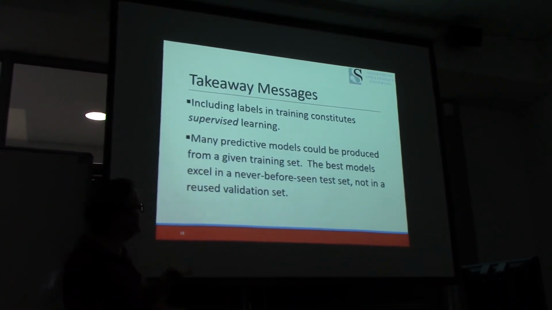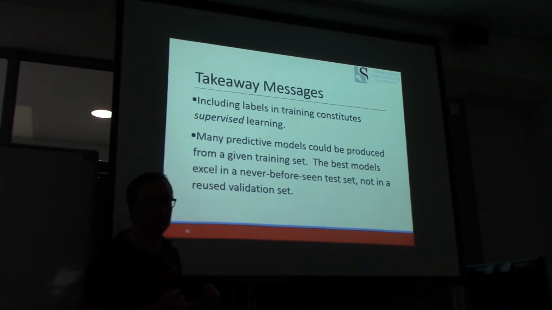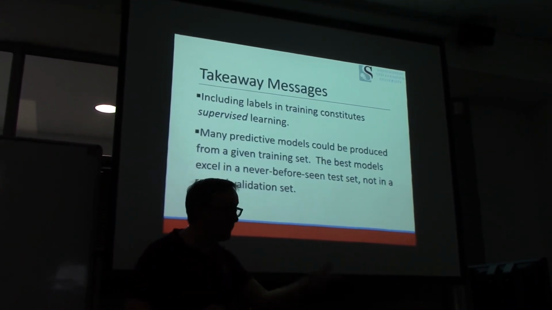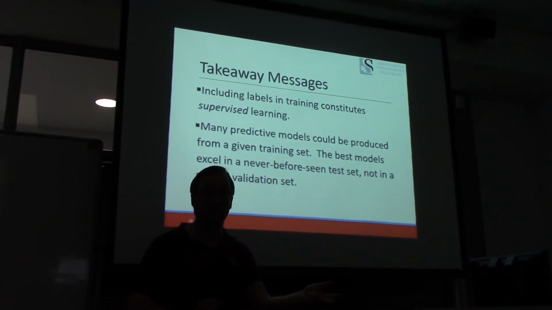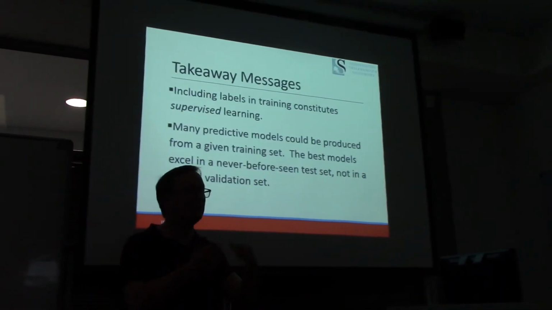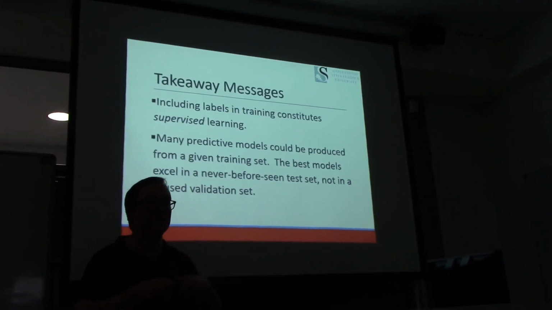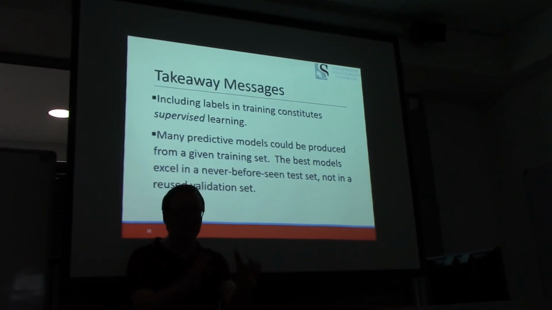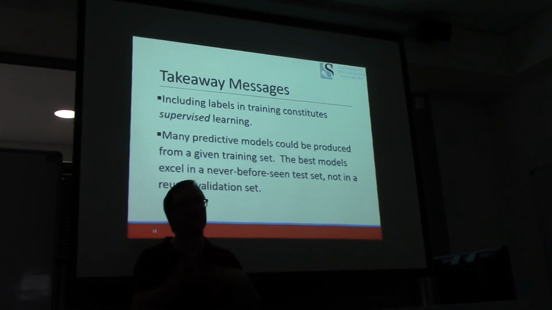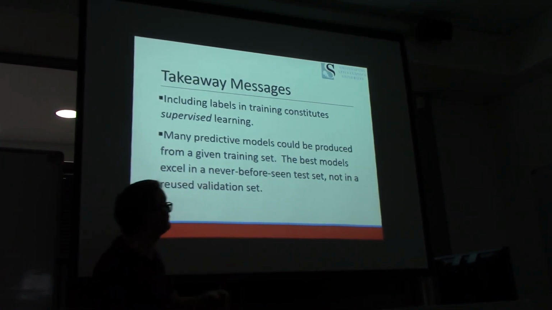All right. Many predictive models may be produced from the same input data. If we feed the same input data to a backpropagation network, to a random forest, and to a support vector machine, they're all going to come up with different models about separating the positives from the negatives. If you simply apply the same software multiple times to the same data set, you're likely to get different models out because some of these use random factors in trying to find the best separation they can.